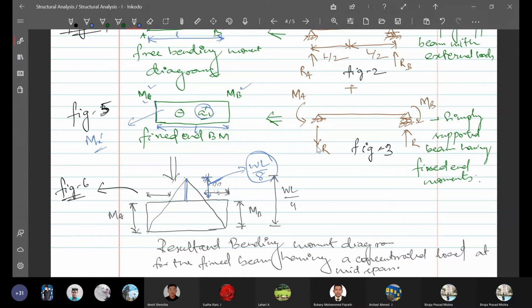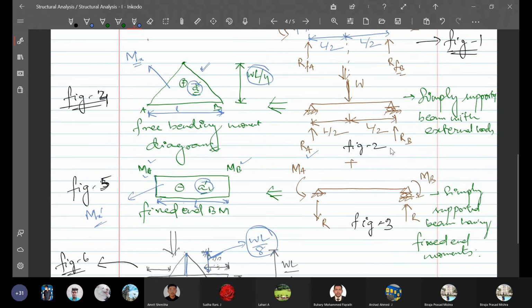Now what about RA and RB? Can we say that RA and RB are equal due to symmetry? Here we have a concentrated load.